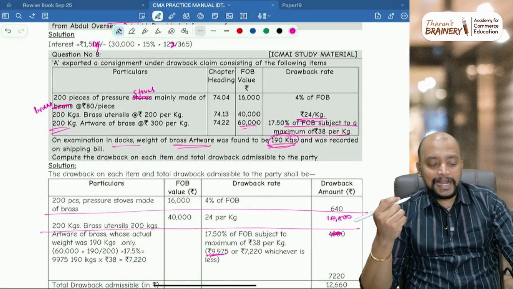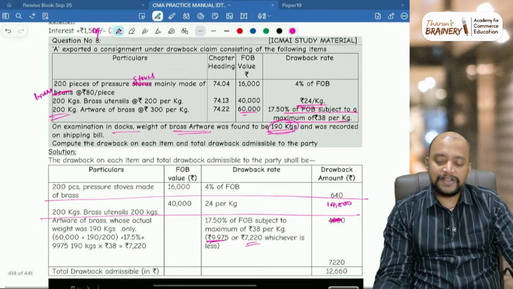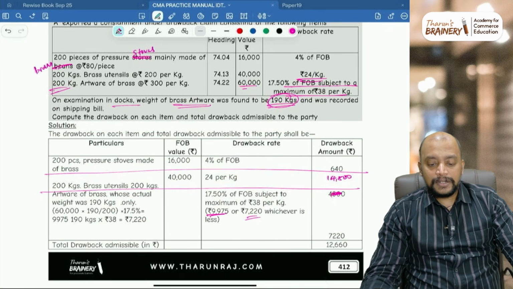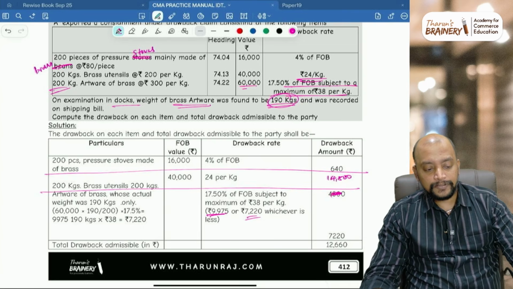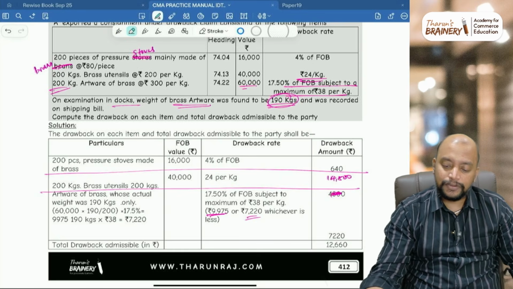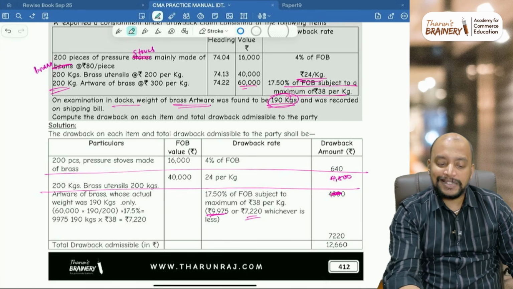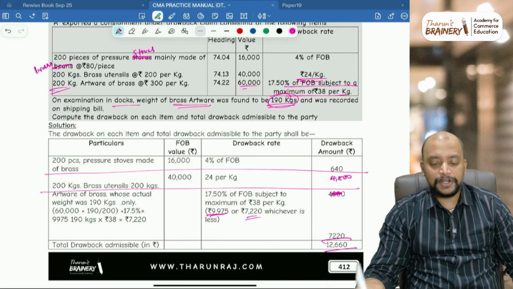Or 190 kgs into 38, that will be 7,220, whichever is less. So 7,220 will be taken. Okay, so this will be, so this is 4,800 only, na? 4,800, because 24 rupees per kg into 200 kg is 4,800. So total 12,020.